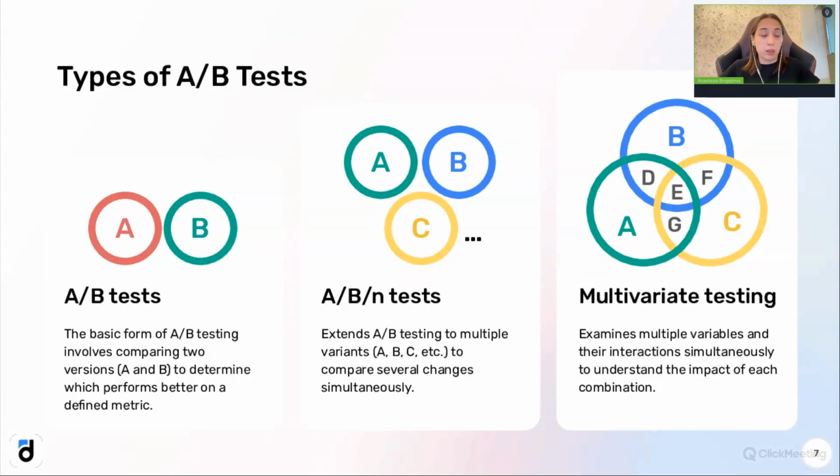And the last is multivariate testing. This type dives into examining multiple variants and their interaction at once. You will see, like, 3 general versions, A, B, C, and the interaction of all these versions. It's a very difficult method.